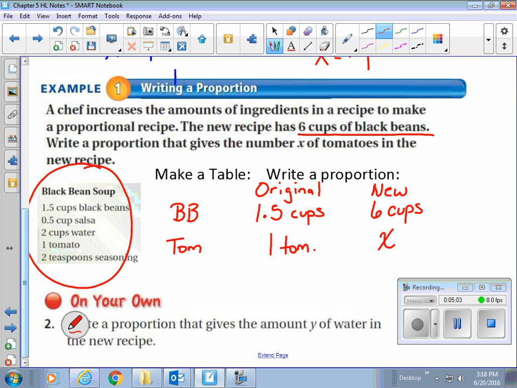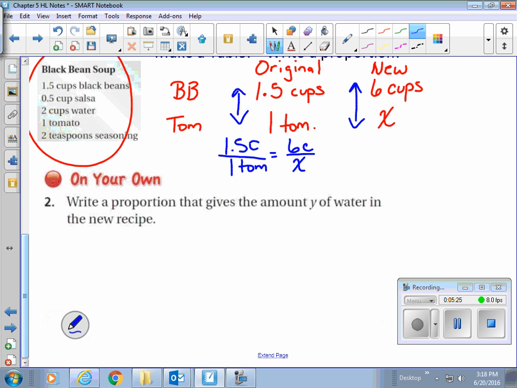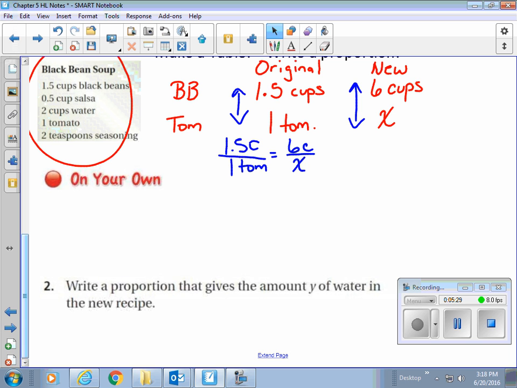So again, we could do our columns or we could do our rows. I'm going to start with columns because I like to have different units on top of each other. I could say 1 5/10 cups is to 1 tomato, as 6 cups is to how many tomatoes? We're going to look at that proportion and use our cross products to solve.